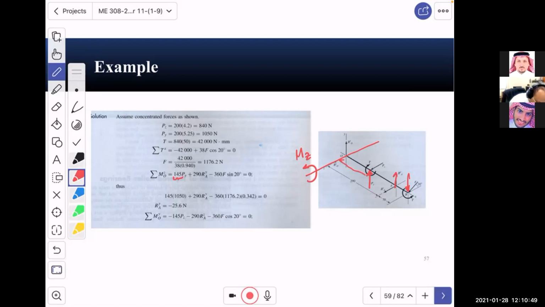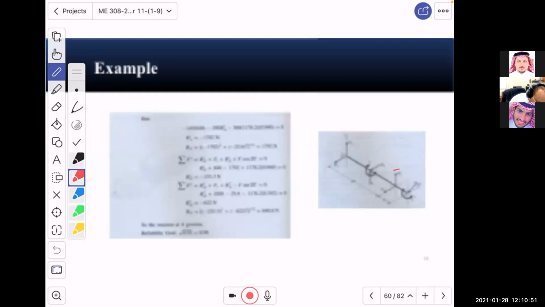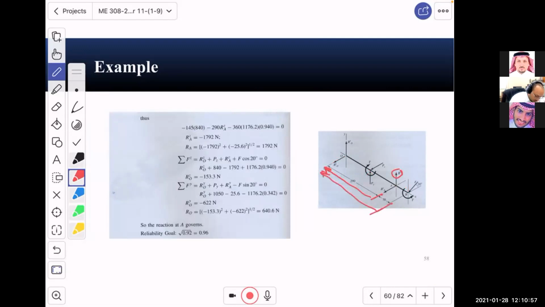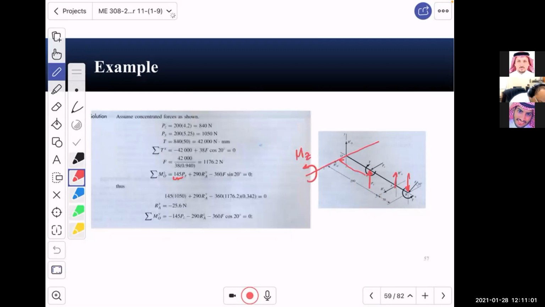And then this one is simple. This one is located at 290, and the other one is 70 plus 290. In that case, we have this one, of course in the opposite direction, minus 360 multiplied by the force, multiplied by F cosine 20.